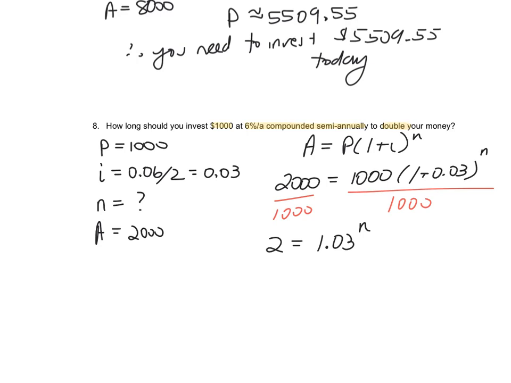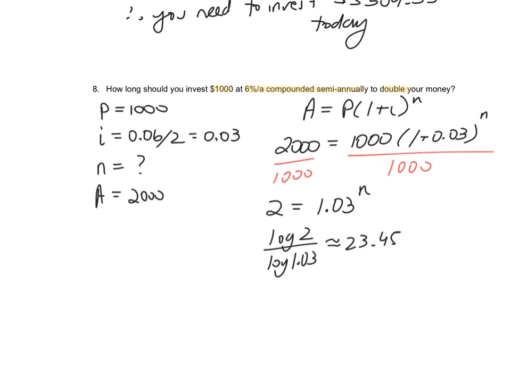And from here, we know that we would try to get a common base, but off the top of our heads, we can't do that. So you can do your guess and check, or you can do that little shortcut of log 2 divided by log of 1.03, and you get approximately 23.45.